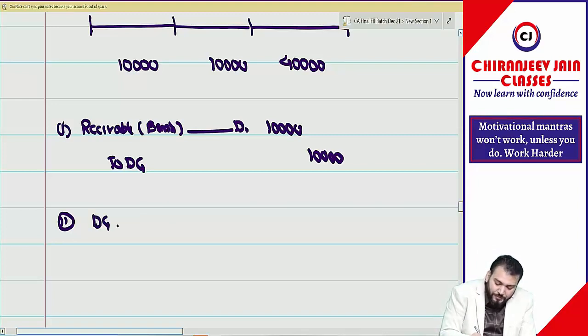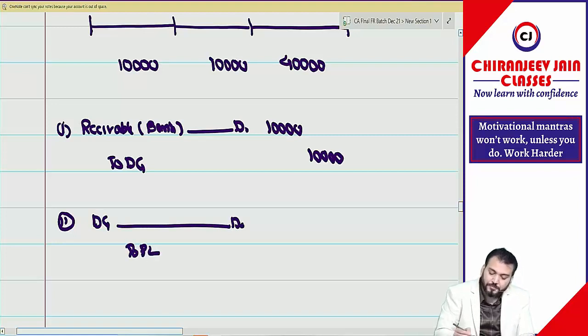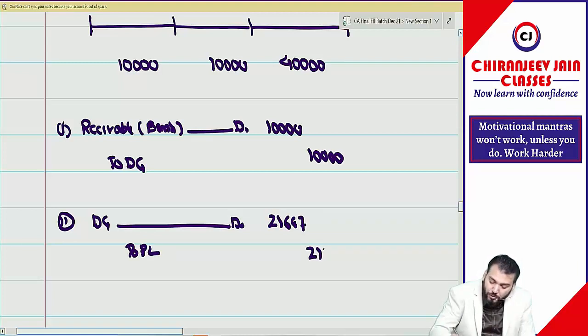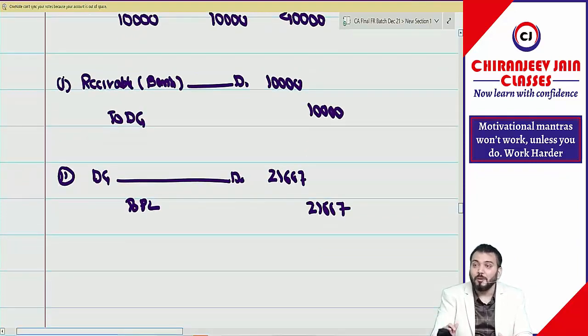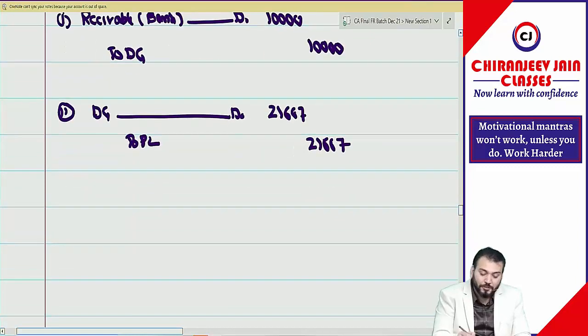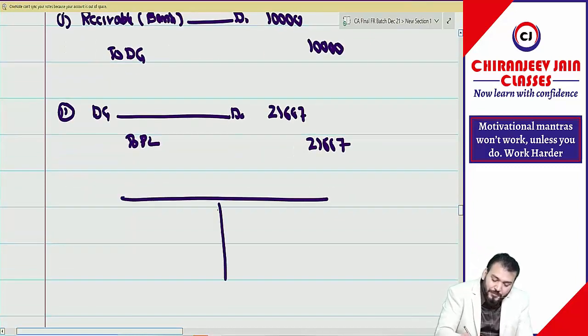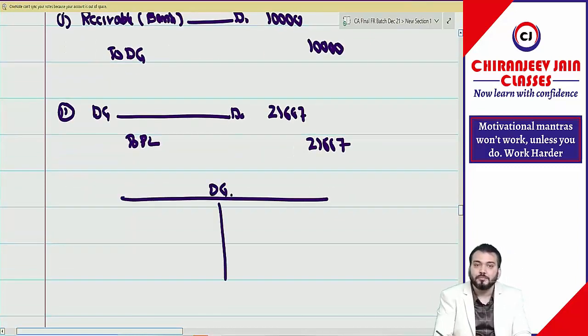Deferred grant account debit to PL, 21,667. In this, no doubt about the journal entry. That will be our presentation in SOPL. We will prepare the deferred grant account.